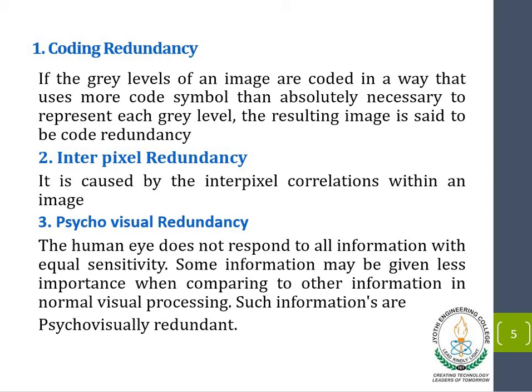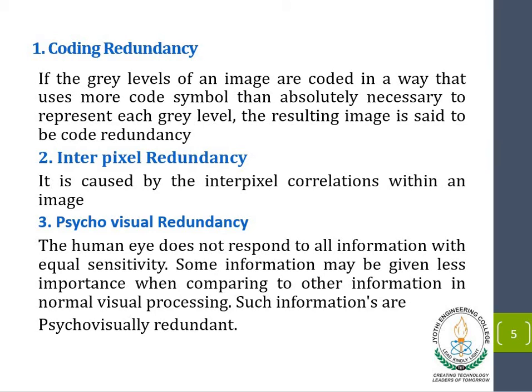This particular redundancy is also known as spatial redundancy, geometric redundancy, or interframe redundancy. Interpixel redundancy in an image is reduced by transforming the 2D pixel array into a more efficient format. For that, mappings can be employed.